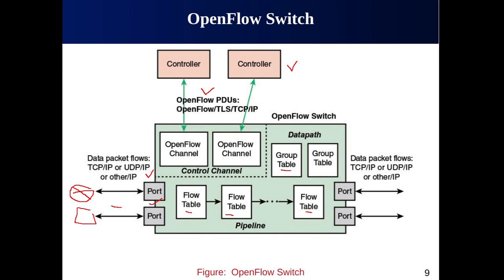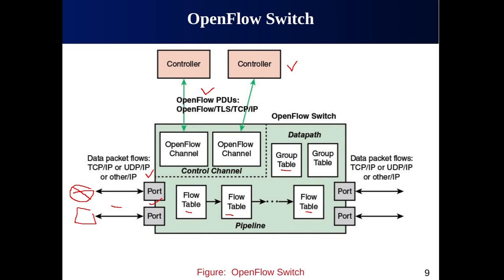So a flow is a sequence of packets that are traversing a network, but they share some common properties. That is the definition of a flow in the context of SDN.